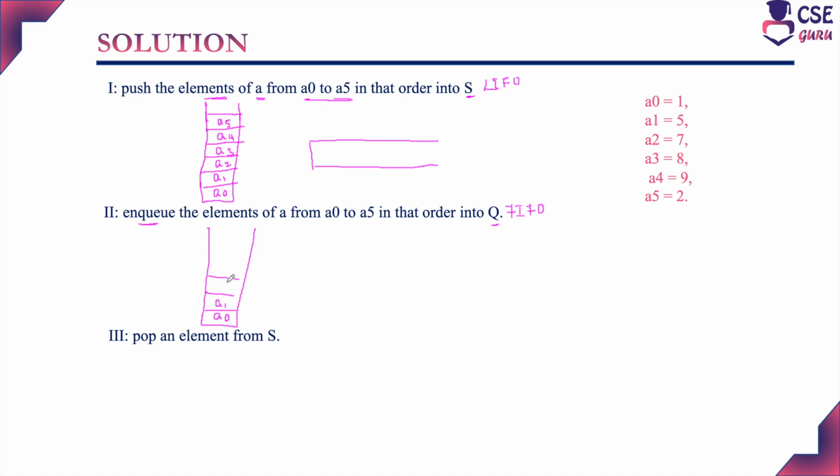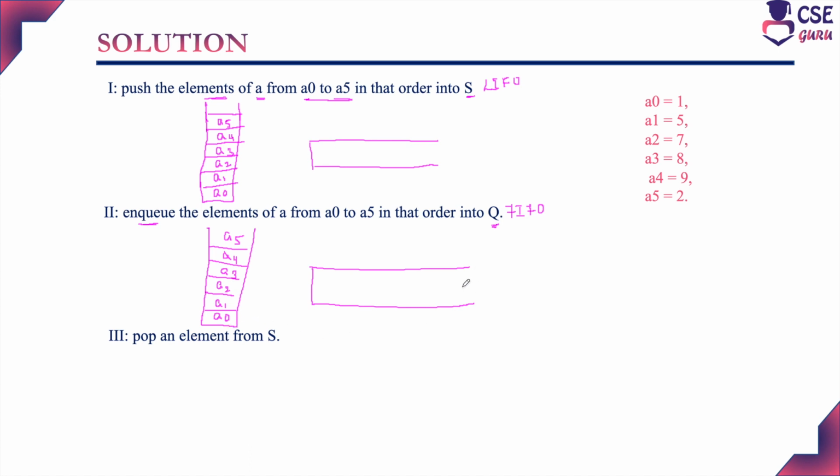The second operation applies only to Q. The Q data structure is first in, first out. The element we insert into the queue first will be deleted first. But in the stack, the element we insert first will be deleted last, because it is at the bottom of the stack.